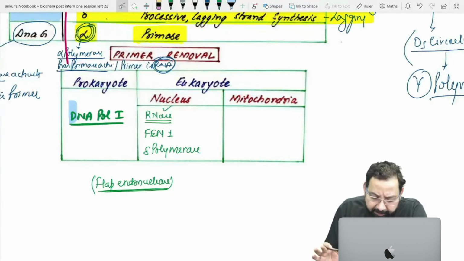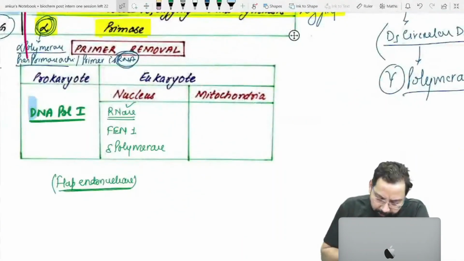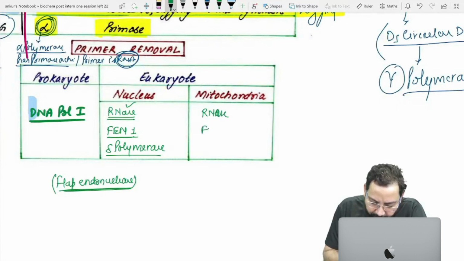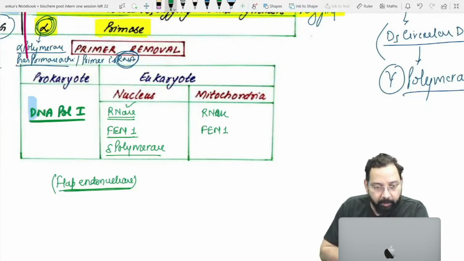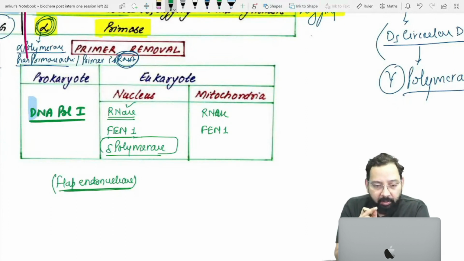In mitochondria, RNase H and FEN1. The standard textbook Devlin has mentioned that delta polymerase has a role in cutting the primer.